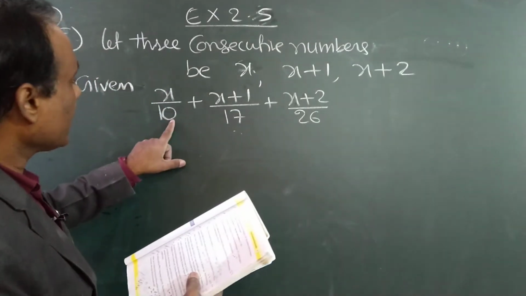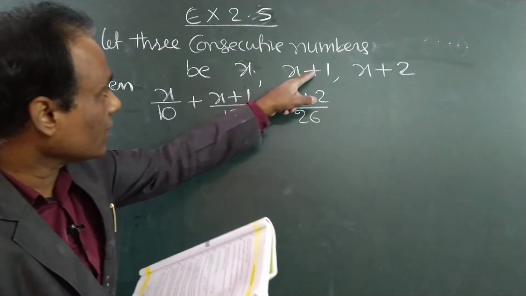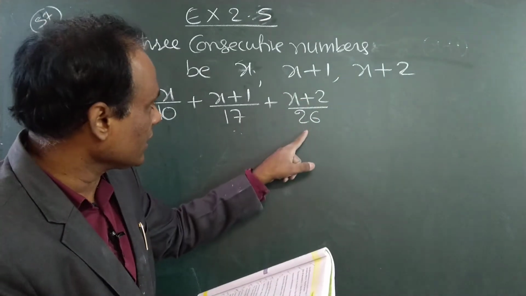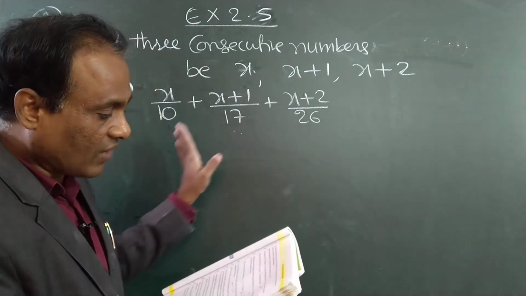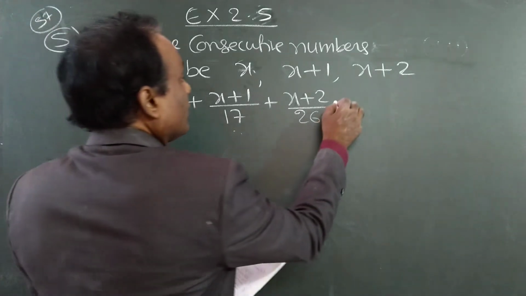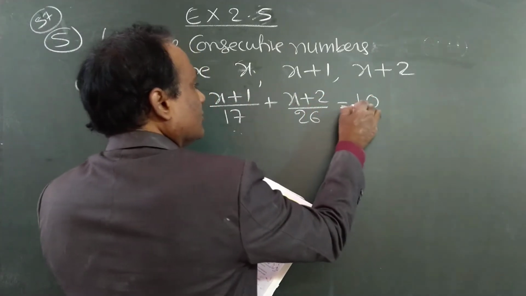First number divided by 10. See the question. Second number divided by 17. Third number divided by 26. So the sum of these is equal to 10.